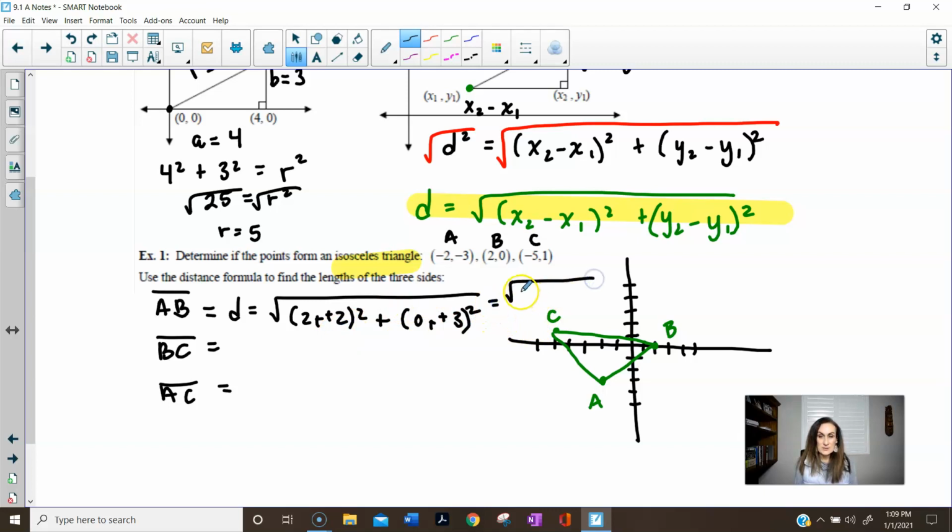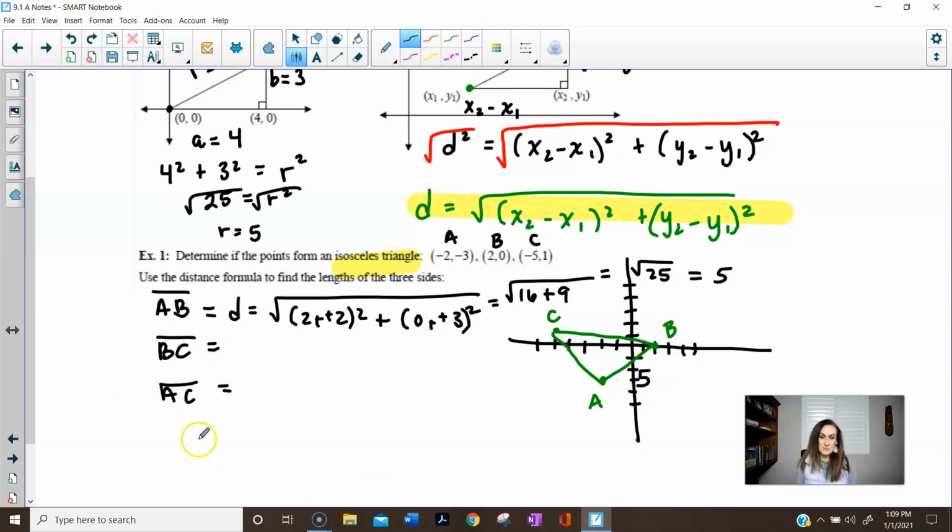So this is the square root of 16 plus, and 0 plus 3 is 3, and 3 squared is 9. And the square root of 16 plus 9 is the square root of 25, which equals 5. So the distance from A to B is 5.